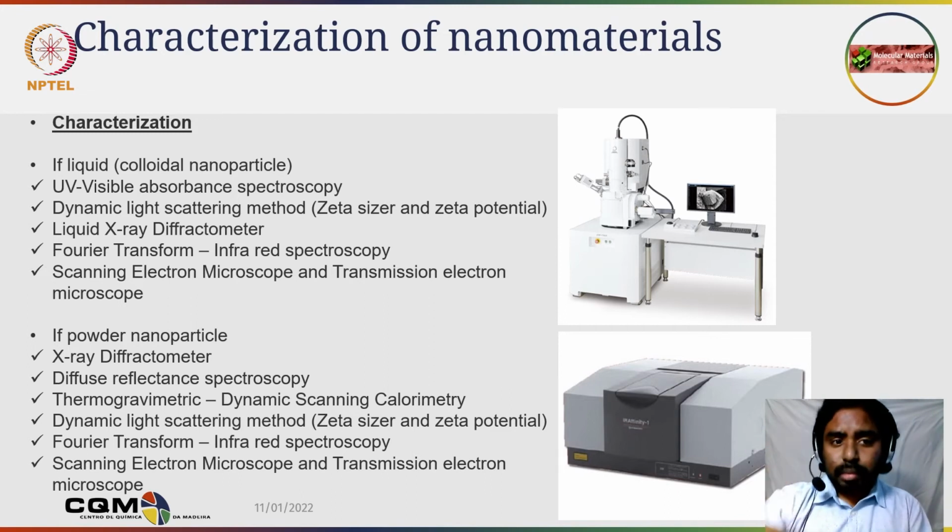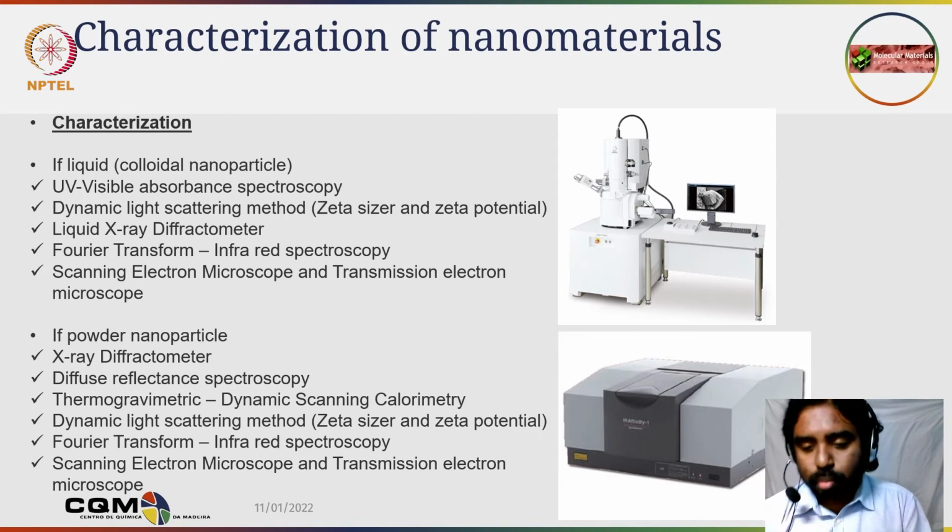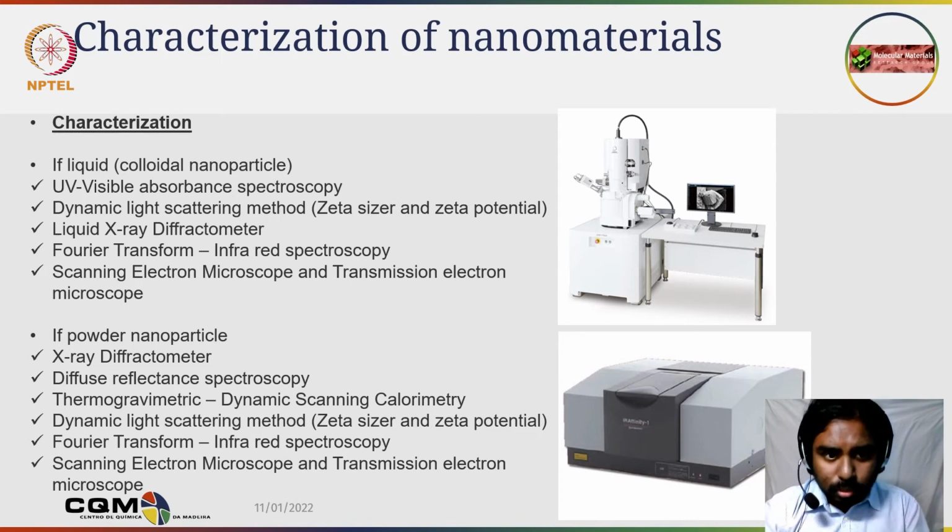And then liquid X-ray diffractometer or normal X-ray diffractometer to know its crystallinity, Fourier transform infrared spectroscopy to know its surface functional groups, and finally, to know its morphology, you can use either scanning electron microscope or transmission electron microscope, fine.